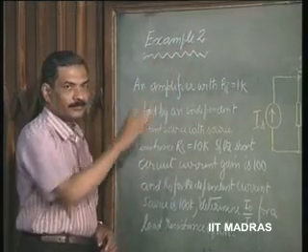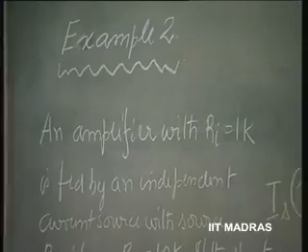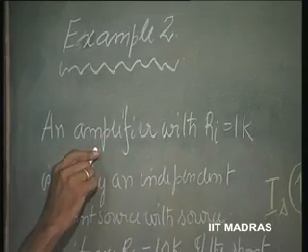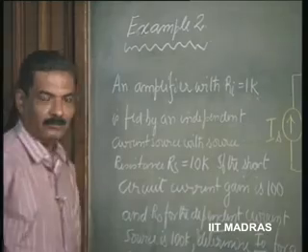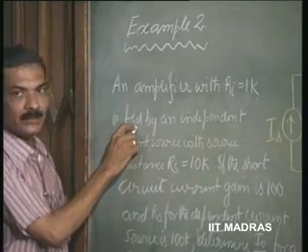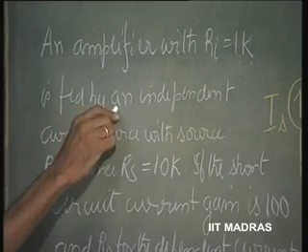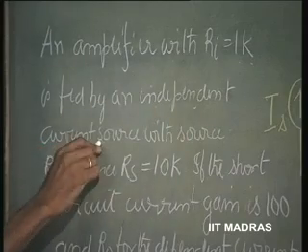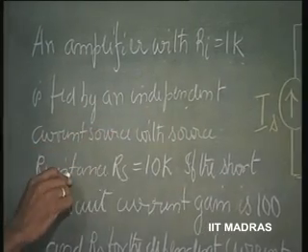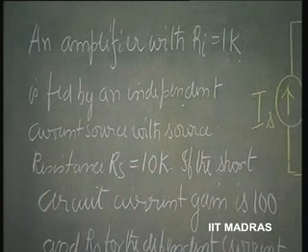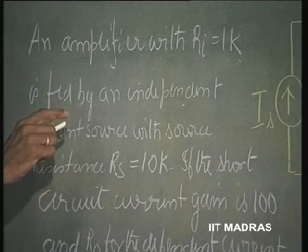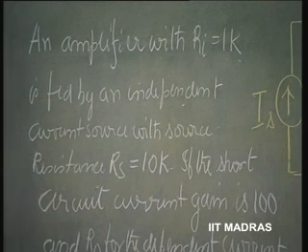Example 2. An amplifier with Ri equal to 1 kilo ohm is fed by an independent current source with source resistance Rs equal to 10 kilo ohm. Now the source resistance is 10 kilo ohm and the input resistance of the amplifier is 1 kilo ohm, so it can be declared as current control.